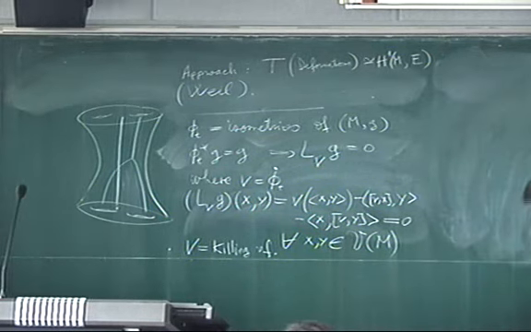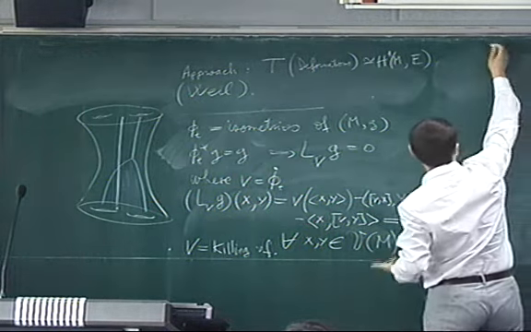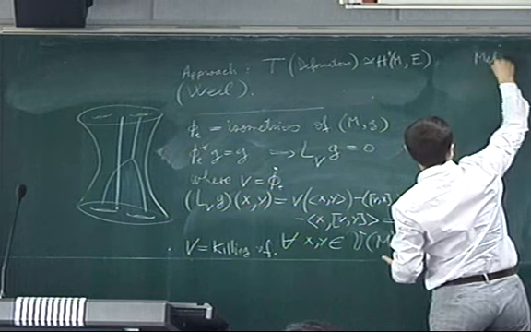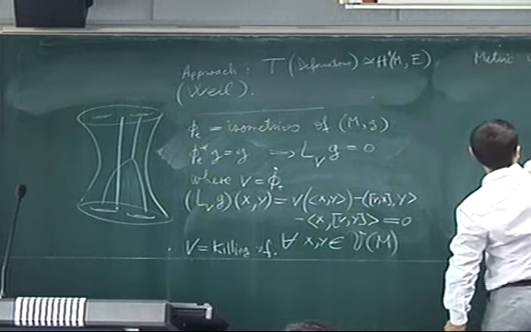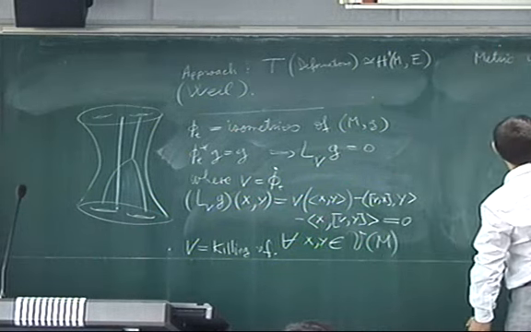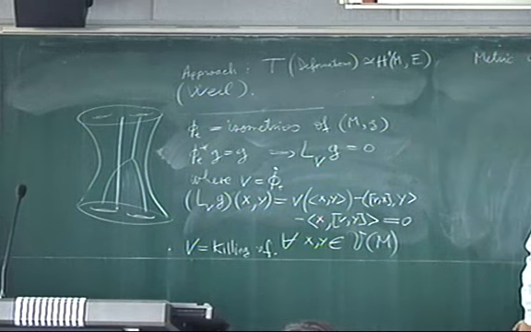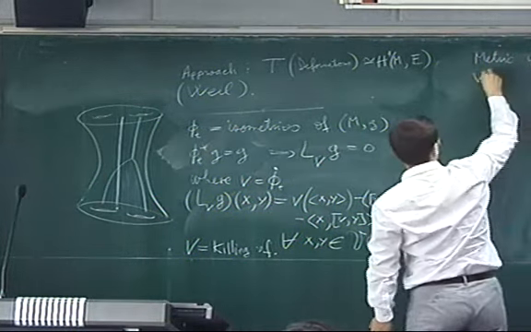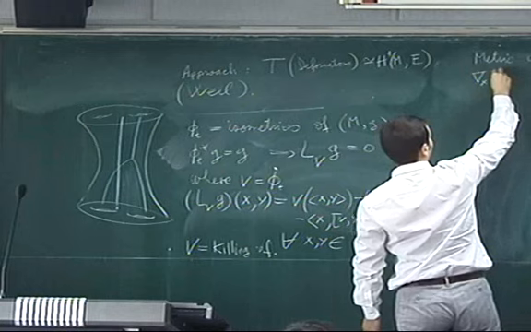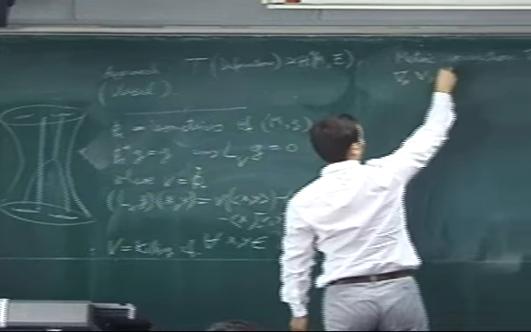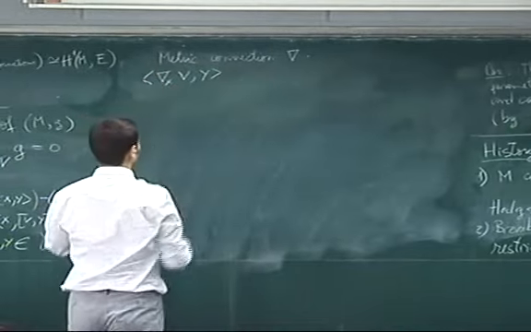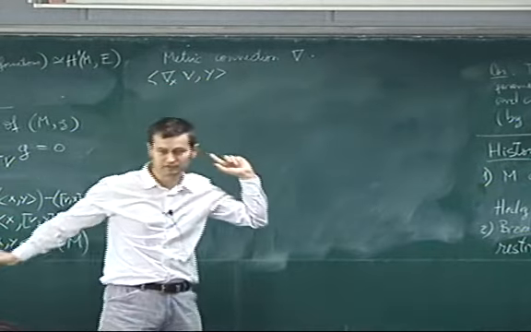Good. Next, we look at the Levi-Civita connection, or the metric connection. And we compute nabla X V, Y, where V is our Killing vector field.